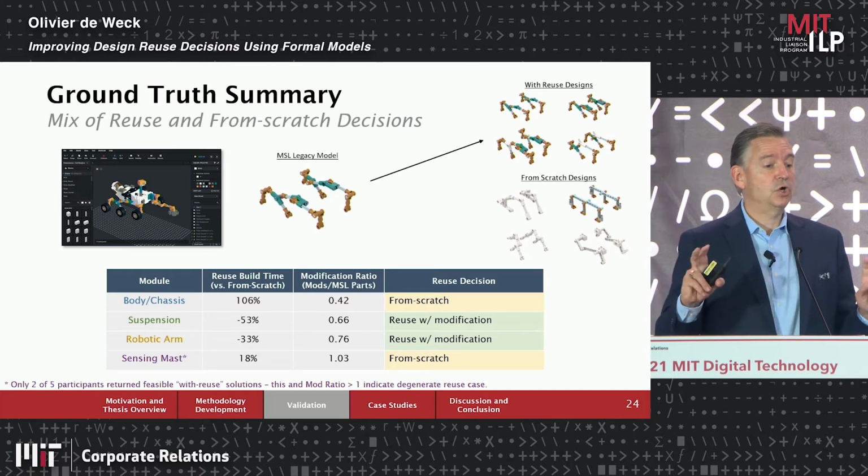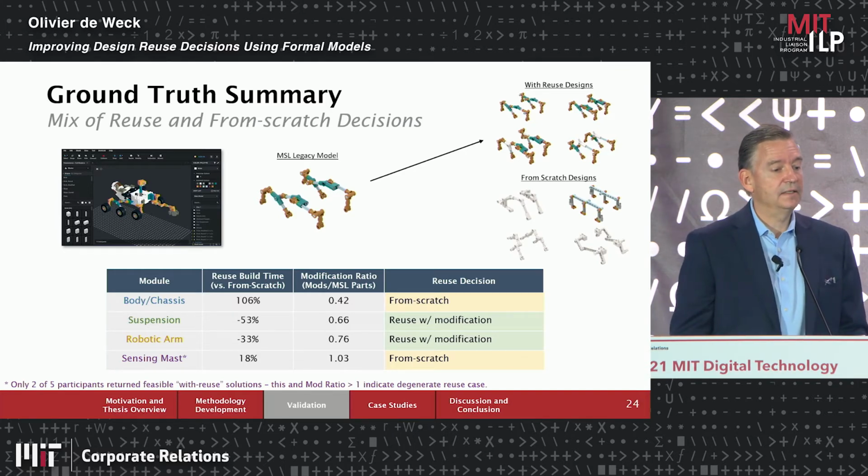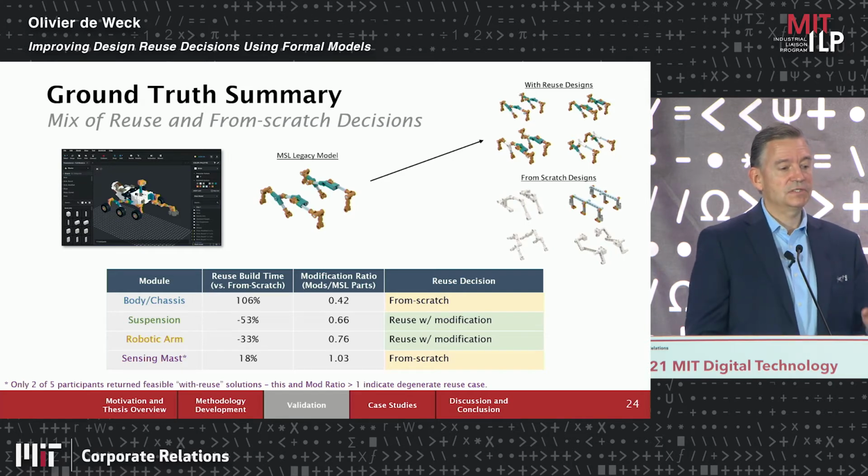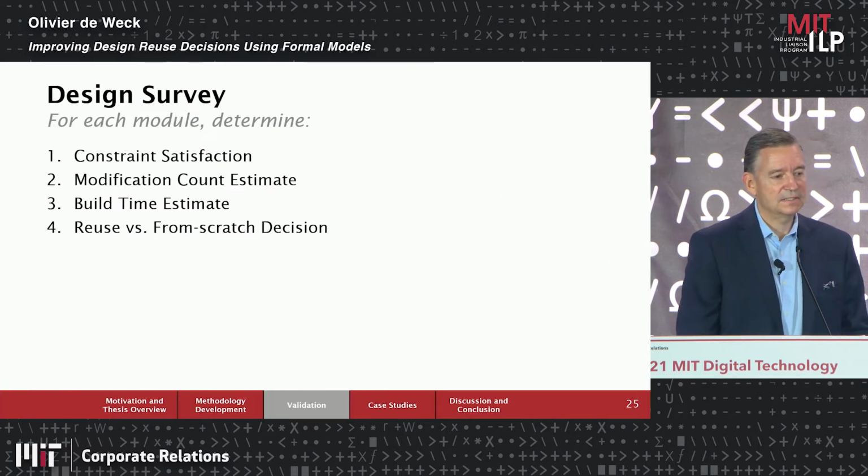And we think the correct reuse decisions were that the body and chassis should be designed from scratch based on these ratios of build time versus modification ratio. And the sensing mask should be done from scratch, but the suspension and the robotic arm should be reused, but with modification. So none of the 4 subsystems can be just cloned and reused as is without any changes based on this analysis.